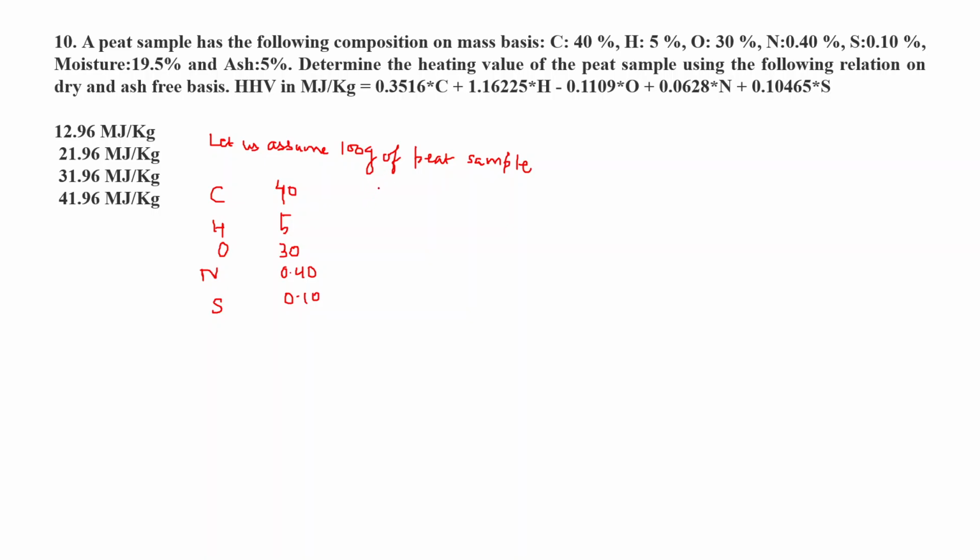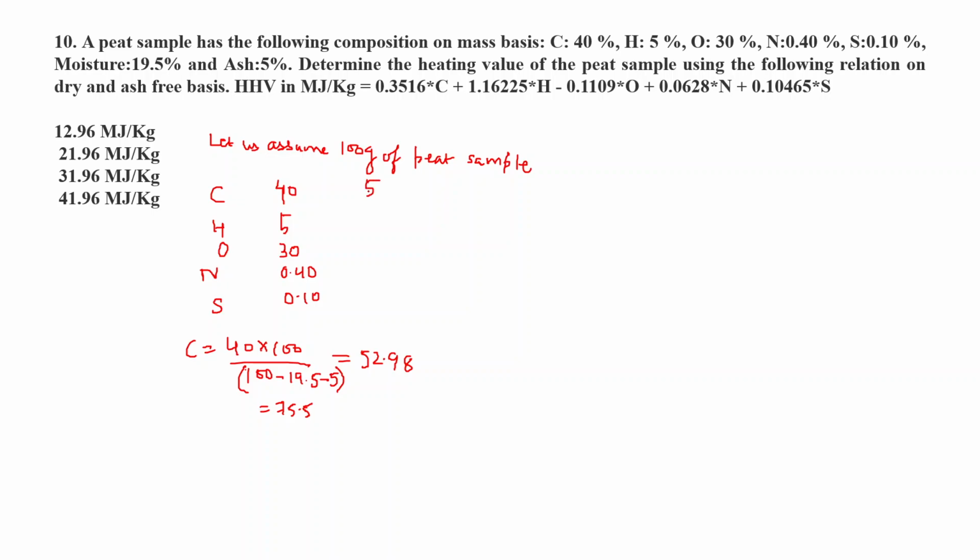So on dry and ash free basis, for carbon, it will be 40 into 100 upon 100 minus 19.5 minus 5. So this value will be 75.5. After calculating this, we will get 52.98.